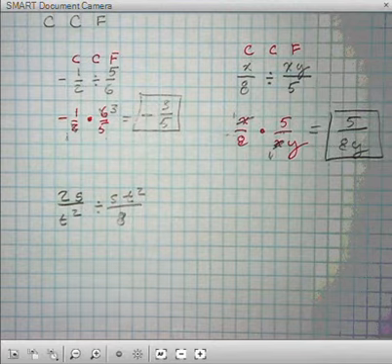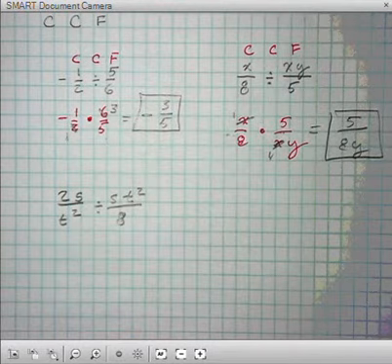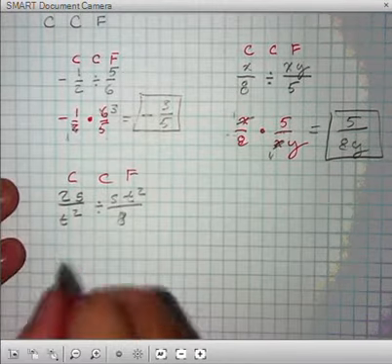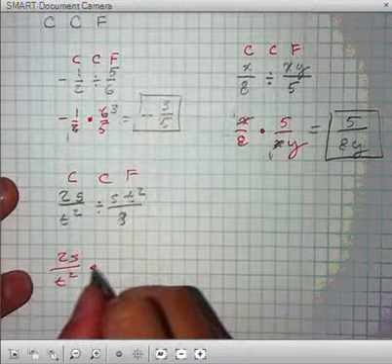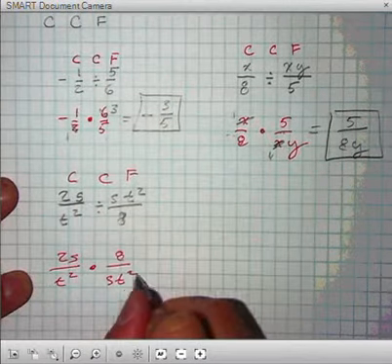T squared, yes. Alright folks, let's look at this one. We're going to copy, change, and flip our fraction, so we'll have 2s over t squared change to multiplication, and we flip, we find the reciprocal of our second fraction.